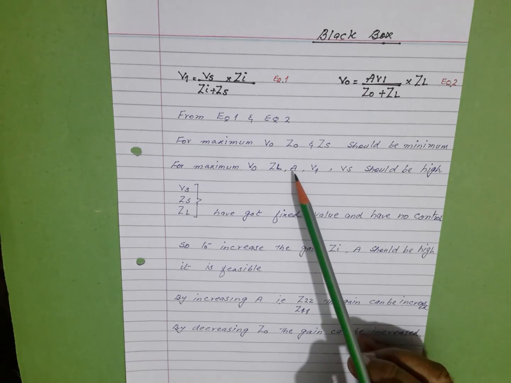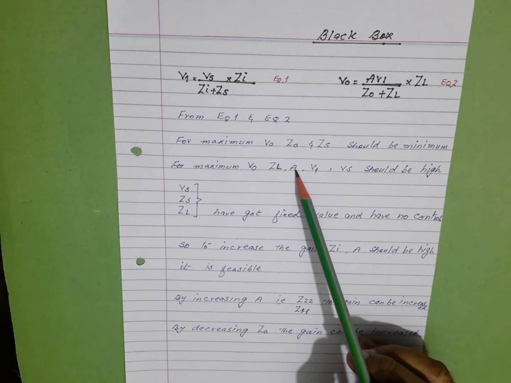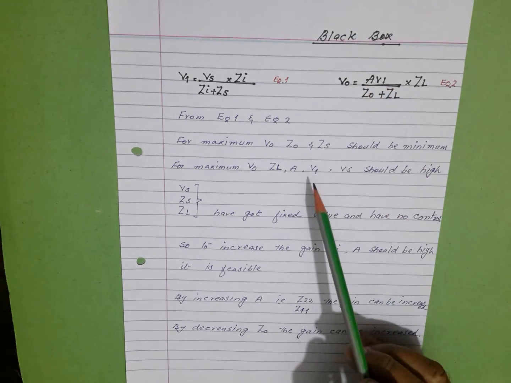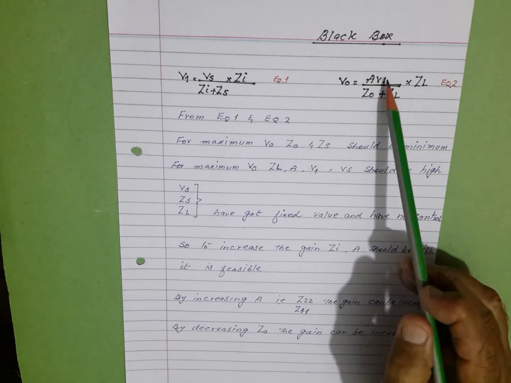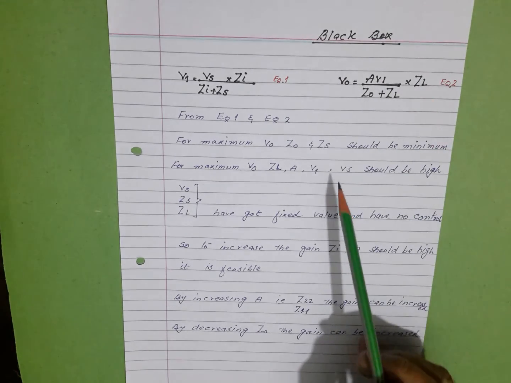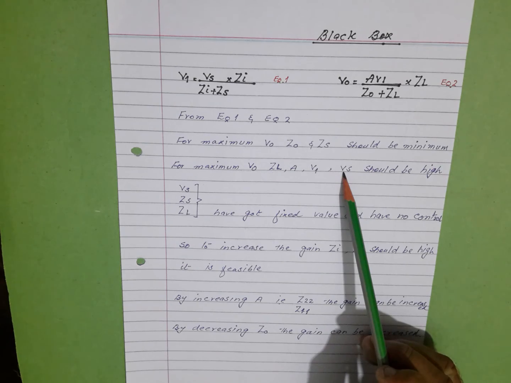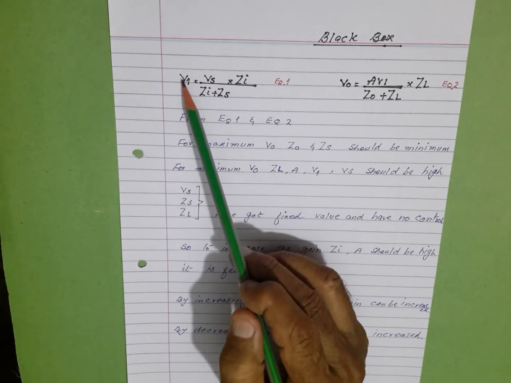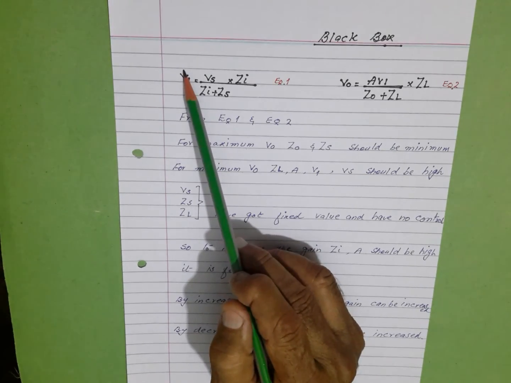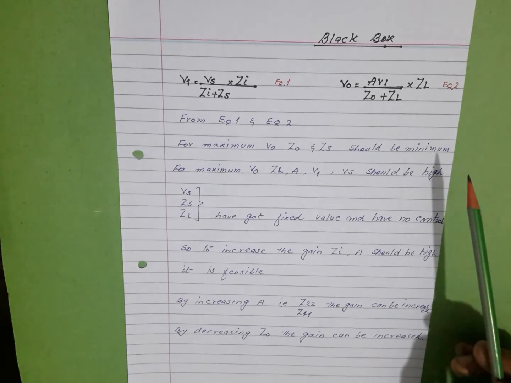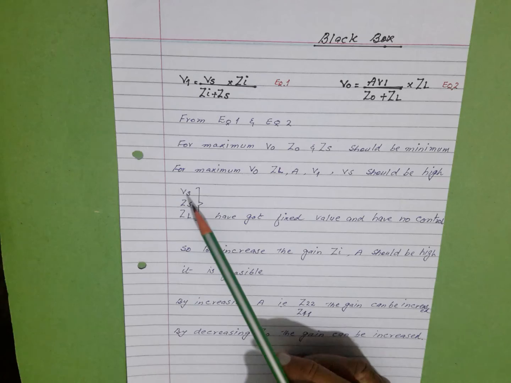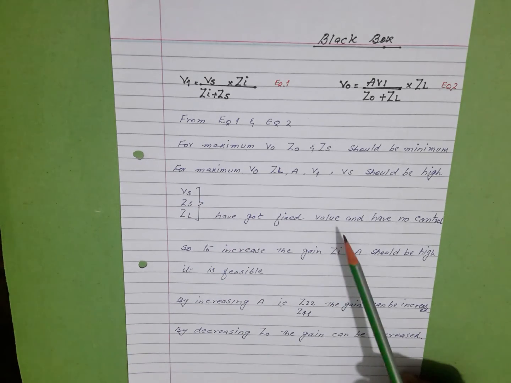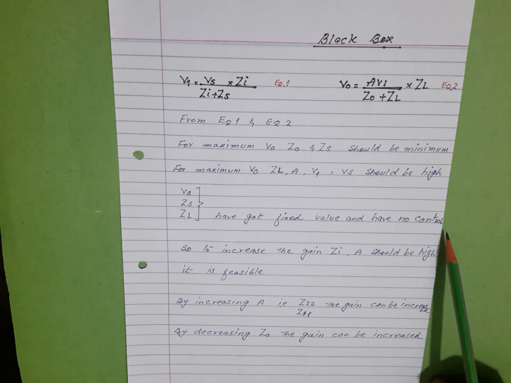We can increase the V0 output by increasing gain. Why? Because it is proportional to V0. We can increase it by increasing V1. This is V1, and by increasing Vs, this is Vs. When we increase Vs, it is going to increase V1. When V1 increases, V0 increases. But Vs, Zs and ZL have fixed values and we have no control over them.